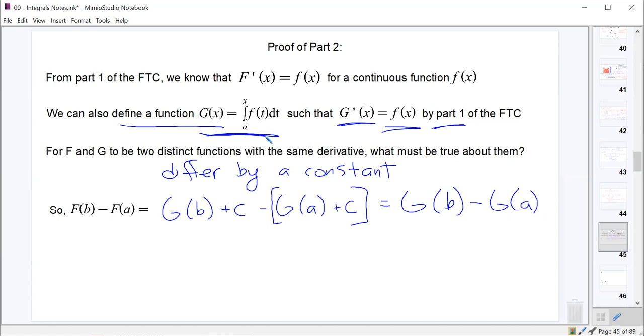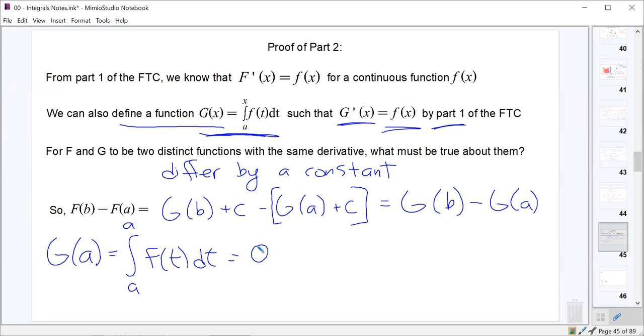Well, what does that tell us about the value of g of a? Well, g of a then must be an integral from a to a of f of t dt. From our rules before, the integral from a to a of any function is just equal to 0. So g of a must be equal to 0.